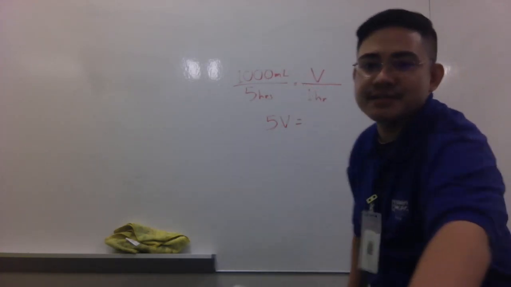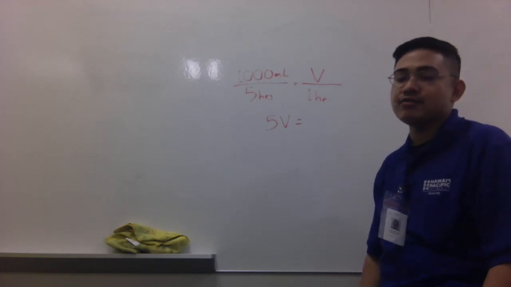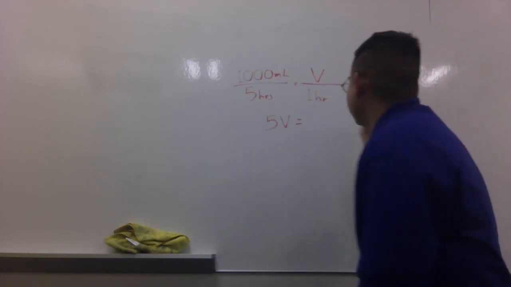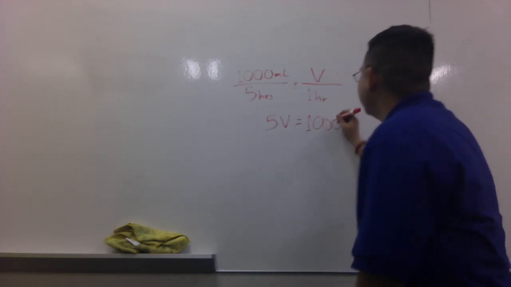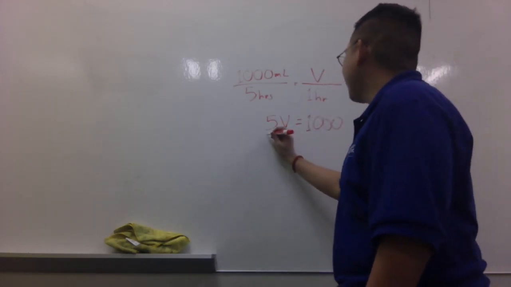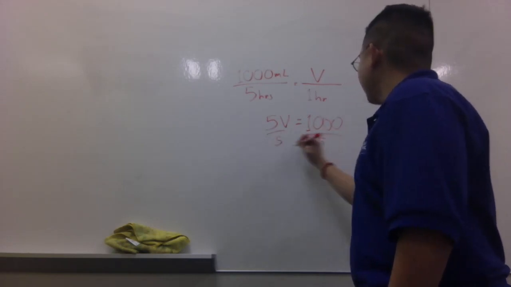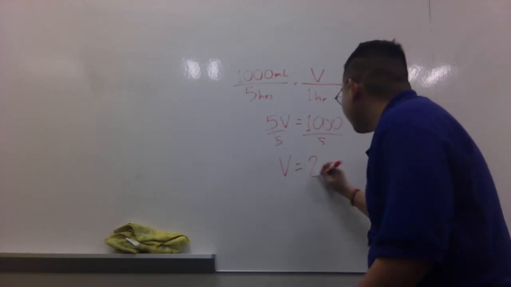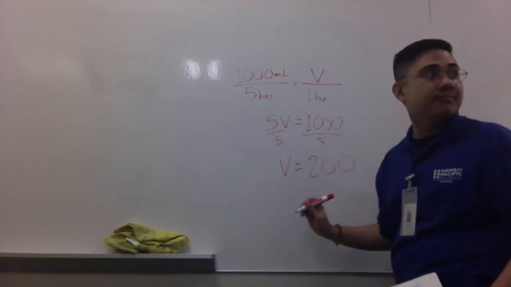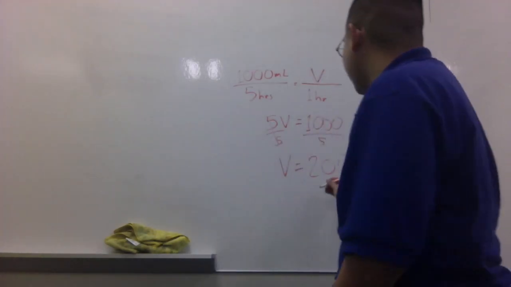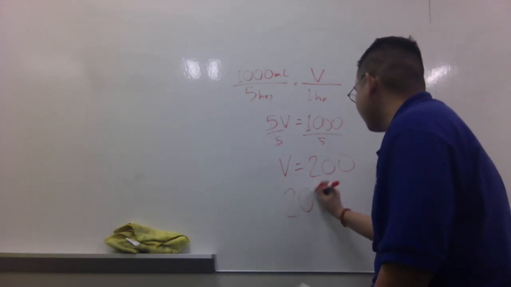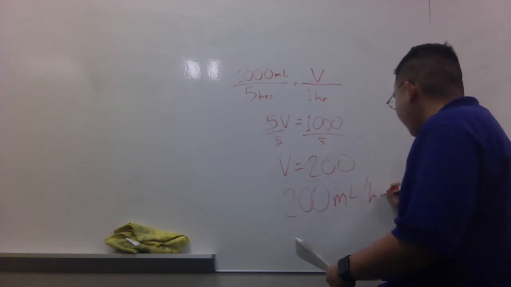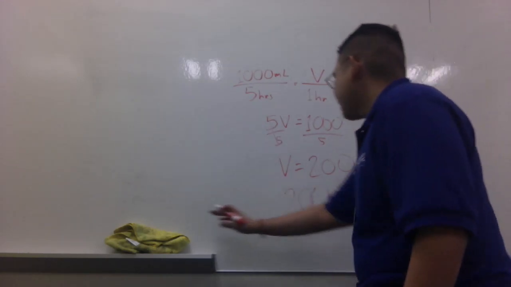Any number times 1 equals itself, so 1,000 times 1 is 1,000. We divide both sides by 5, so V equals 200. You need to write the whole thing, so it's 200 mL per hour. Got it? So just put down 200.